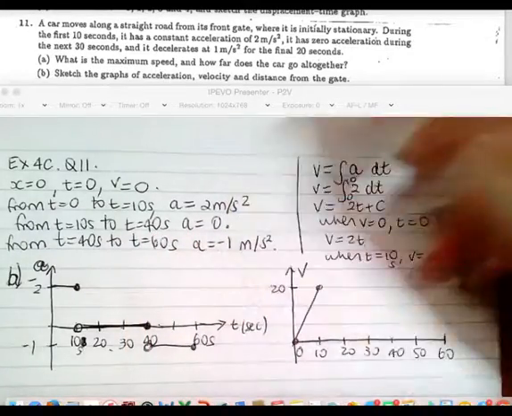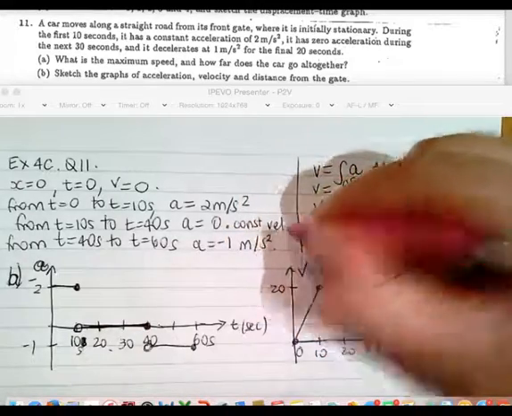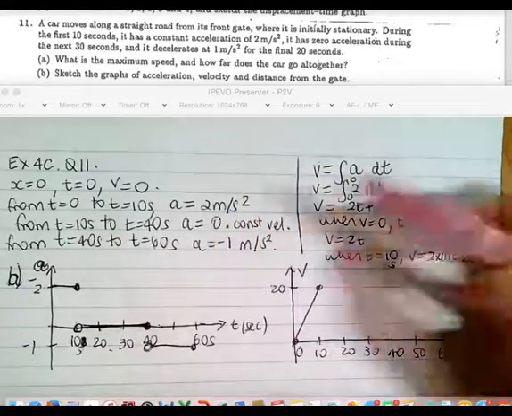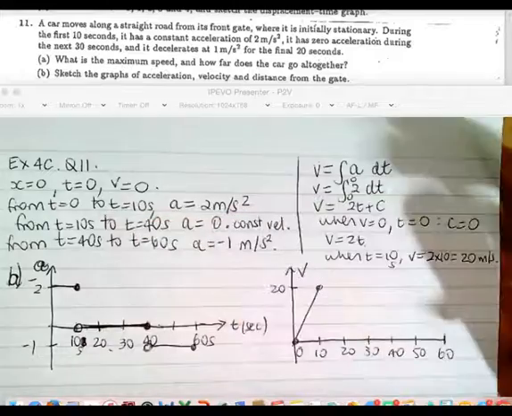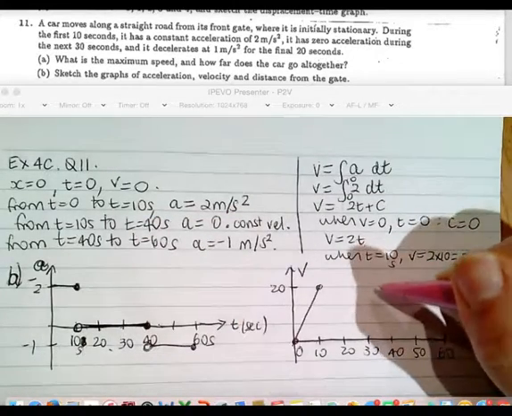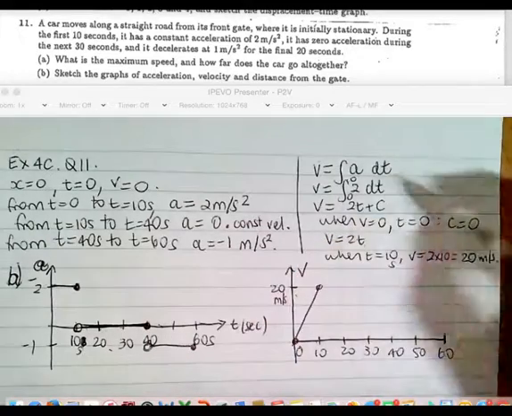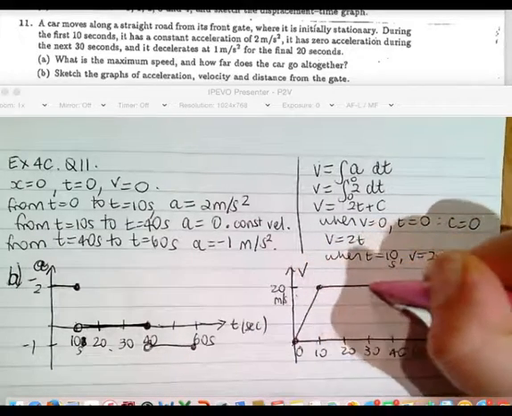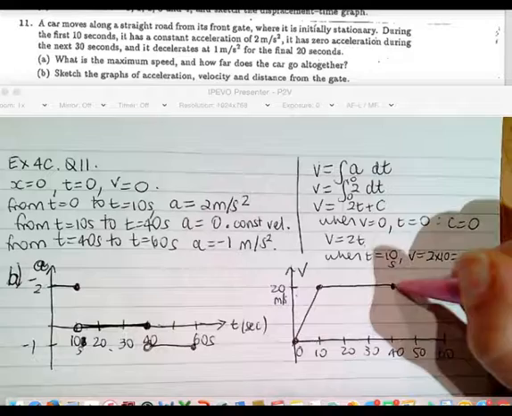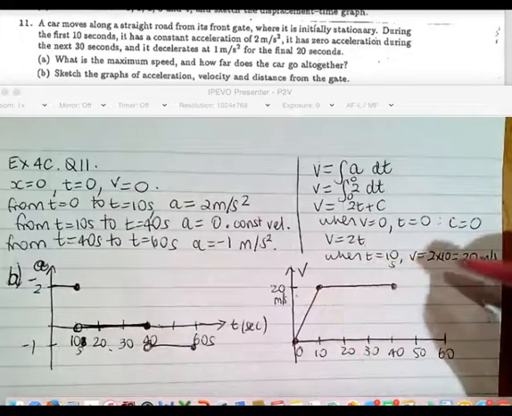It doesn't mean that it's not moving, it just means that you've got constant velocity. We're already travelling at 20 meters per second, so up until 40 seconds we've got a constant velocity of 20 meters per second.